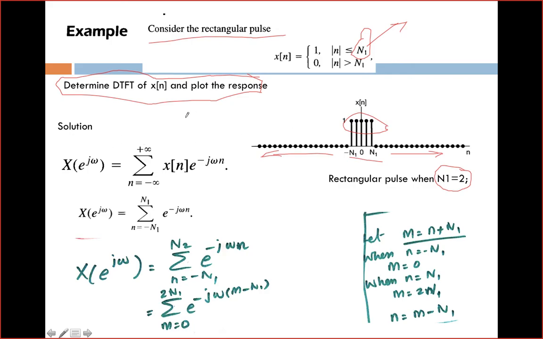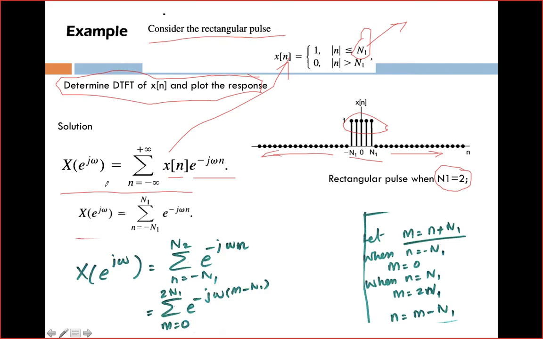For that, the first step is to write the DTFT equation. The DTFT equation says X of e power j omega is equal to summation n is equal to minus infinity to plus infinity x of n e power minus j omega n. Now we are going to substitute the value of x of n, which is given in the problem.